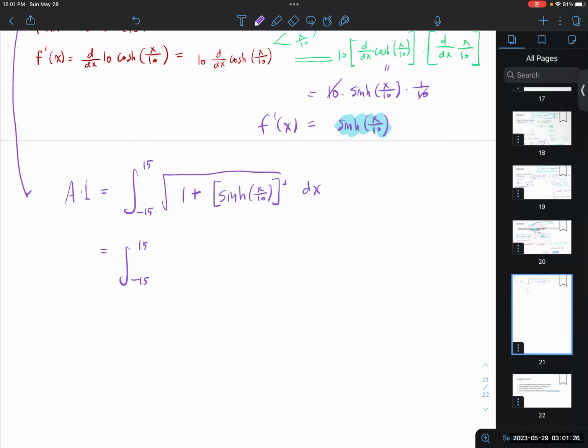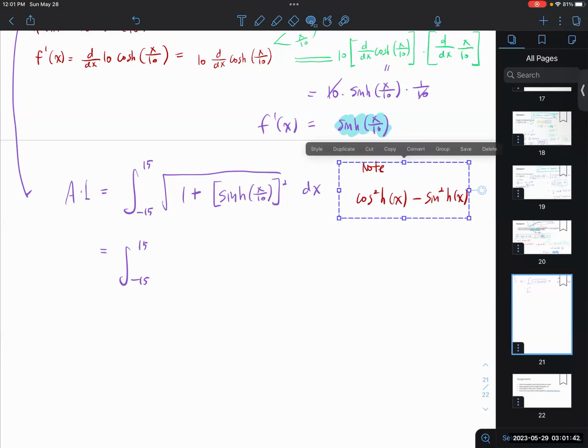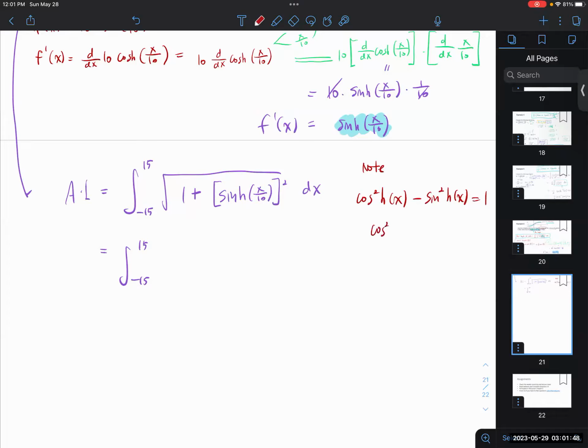And do you remember? Note, we proved that cosh second hx minus sinh second hx, we just proved that. What is that? That is 1. So therefore, you can say cosh second hx is the same as 1 plus sinh second hx, correct?